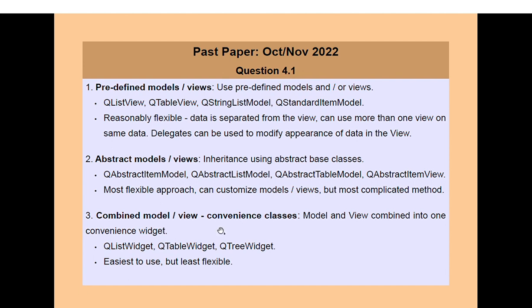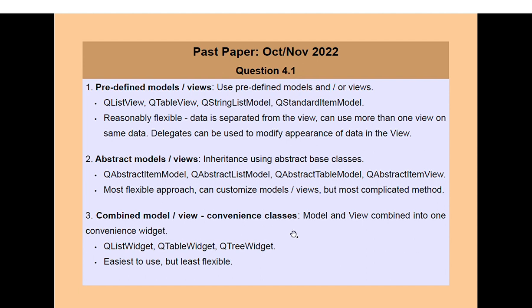Then the third option, which to be quite honest is in more cases the most suitable and easiest to use, is the combined model and view, the convenience classes that Qt provides, because more often than not they will actually do exactly what you require. If they don't do exactly what you want, then you can move to the predefined models and views.